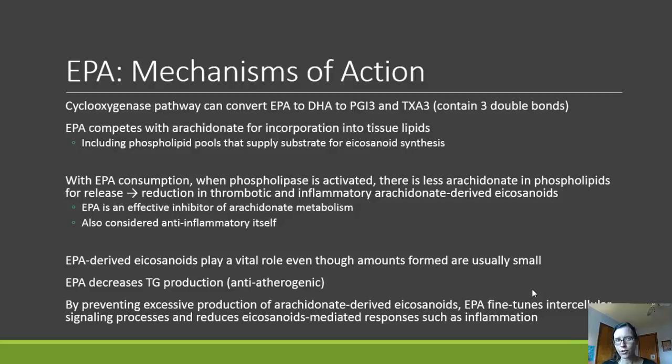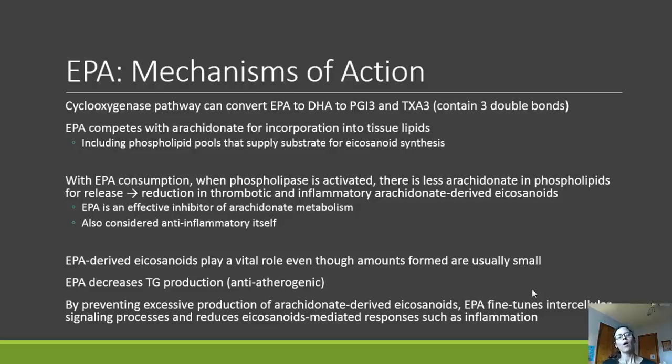Then we have some sort of inflammatory stimulus, let's say it's epinephrine, that's going to activate phospholipase A2, which lyses off these fatty acids from our phospholipid membrane, and then they get metabolized into different kinds of eicosanoids, depending on whether it was arachidonic acid or EPA that was sliced off.